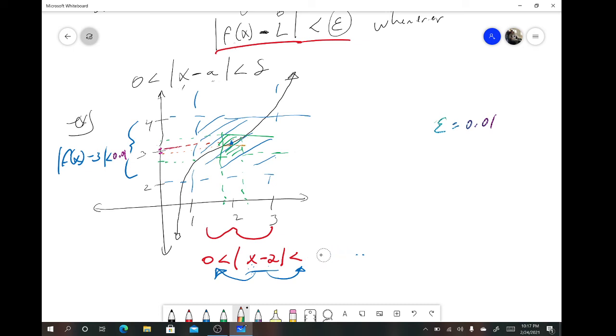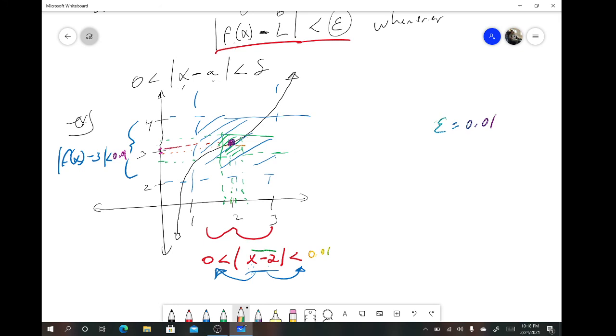And because of the theorem, for the limit to exist, we need to find a delta, one delta, such that that's the case. So let's say we found that delta, and that delta also happens to be 0.01. That means that now we're looking at this interval around 2. Remember, we're making these distances very small, so we're getting closer to the 2 and closer to the 3. So that means that we're looking now at this image right there.